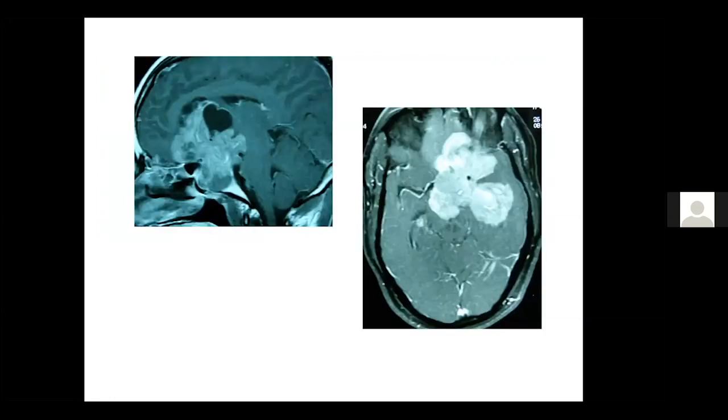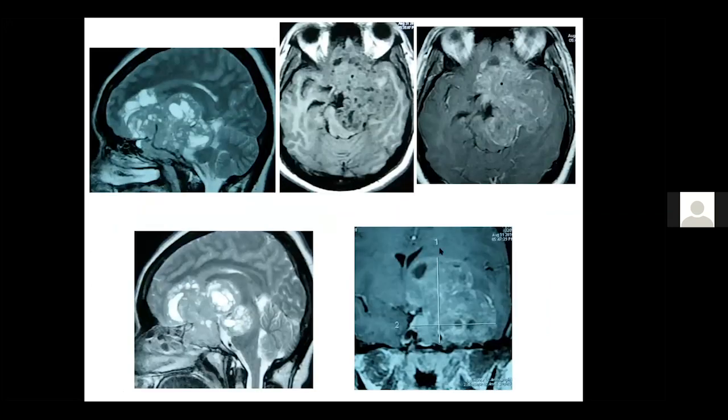These are madly spreading tumors, going from one corner to the other corner. The decision regarding what approach has to be taken depends on the tumor being understood perfectly. You see, this is another giant pituitary tumor.